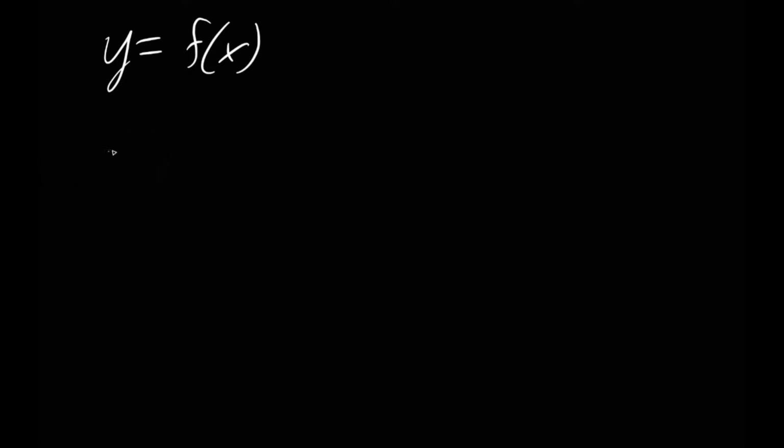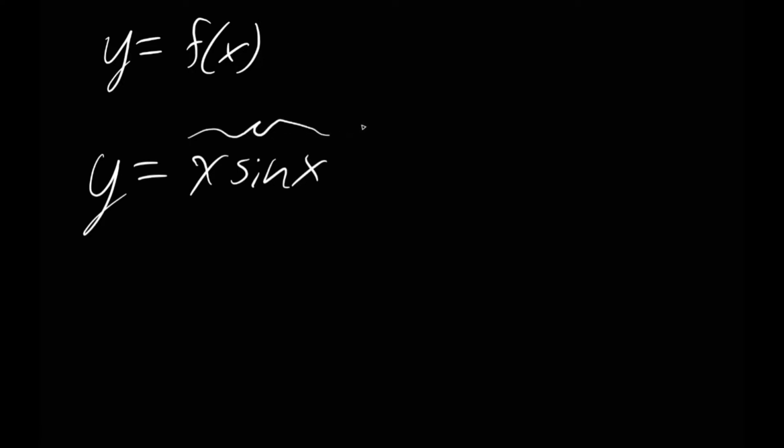Like, for example, if we were to take y from our very first limit taking derivatives using limits video, if we were to take that, our x sine x, although I believe in that video it is an x squared. However, in this video, we're going to use this. If we were to look at this, we'd say, all right, well here's our f of x portion, because that is a function of x, and here's our y. So we can see that y is equal to f of x.